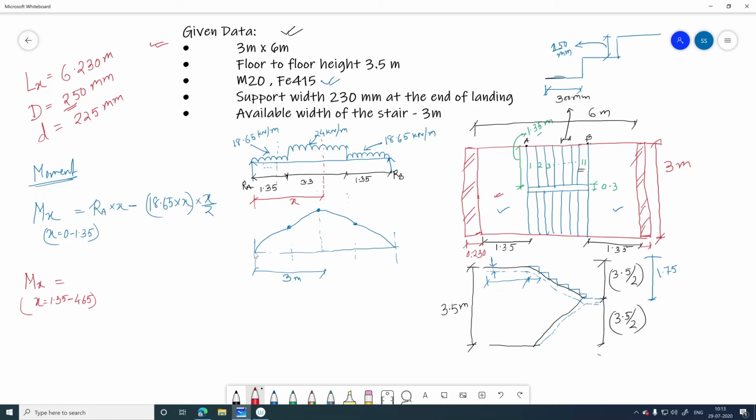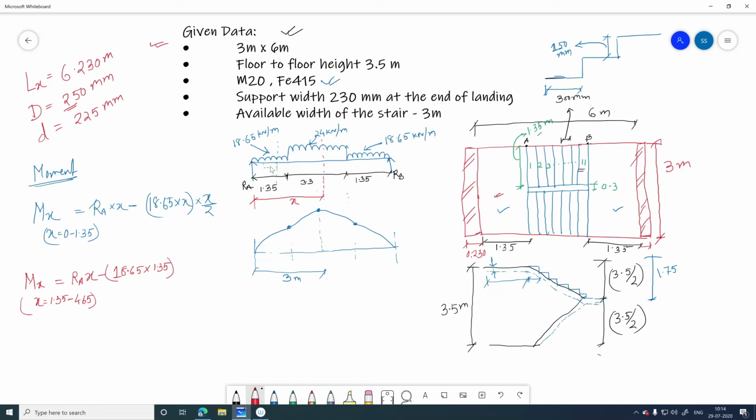So what will be the equation? Same, RA into x is there, RA into x minus 18.65, the load which is acting from this point to this point. So what will be the value of the total load? 18.65 into 1.35, this is the total load.